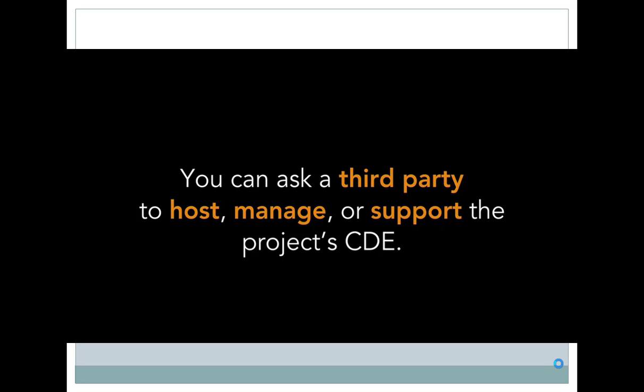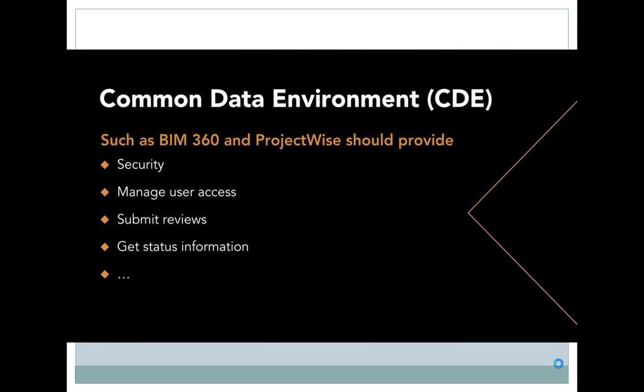The client should also define the information protocol, including any associated license agreement. A web-based common data environment such as BIM 360 and ProjectWise should be able to provide security, manage user access, submit reviews, get status information and so on.